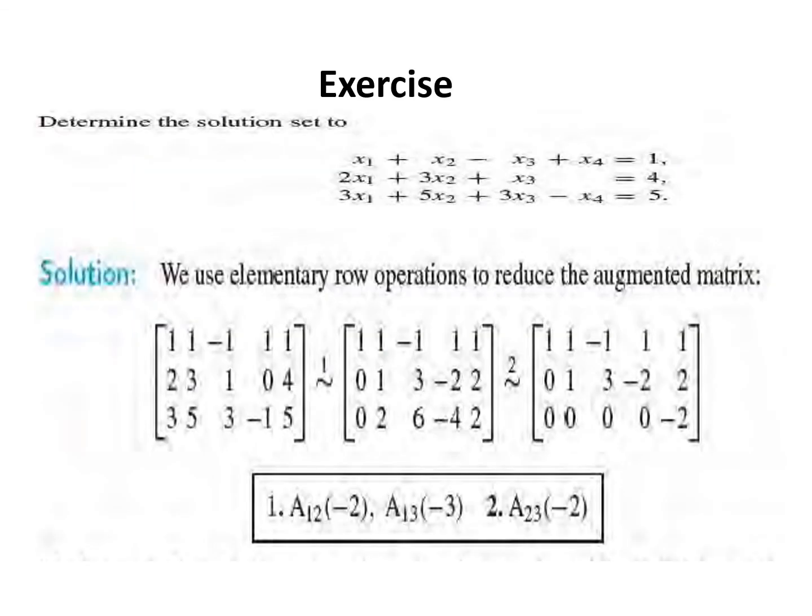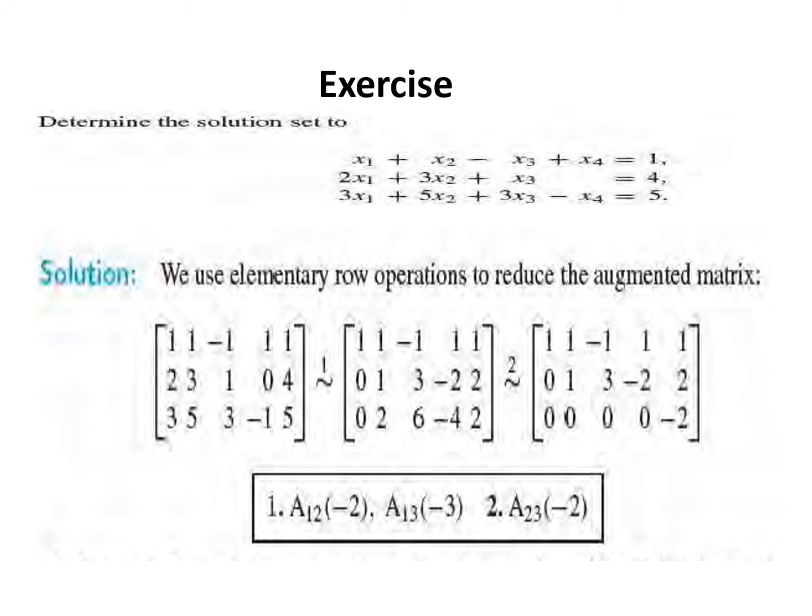Next exercise. Using elementary row operations, we want to find the solution for this system of three equations. In that system, we have three equations and four variables, and we are interested in finding the values of the four variables by using elementary row operations.